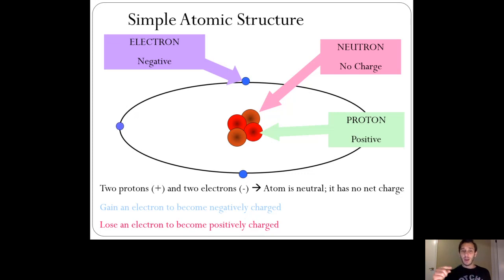That's an extra electron. So now we have 3 electrons and 2 protons. What charge will this have? Well, it will have a negative charge, because there are more electrons than protons now.